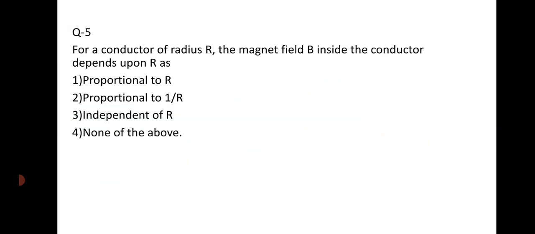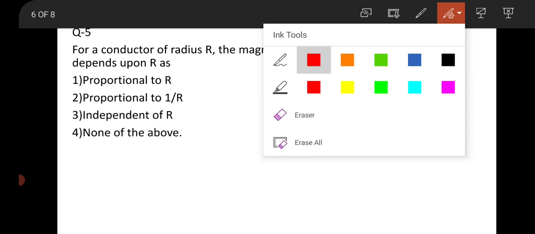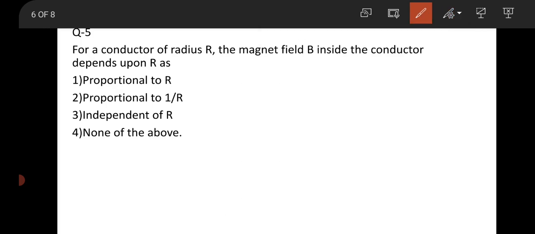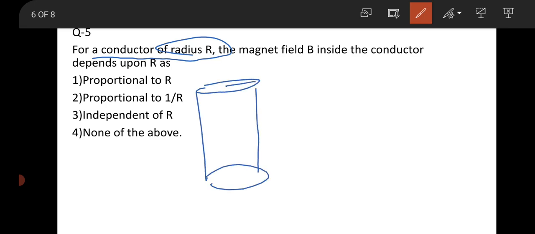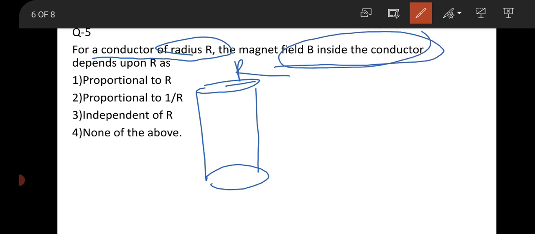Let's move to the next question, which is one of the basic questions from electromagnetic theory. The question is like this: for a conductor of radius r, let's suppose this is a conductor, and the magnetic field inside the conductor is related to r.